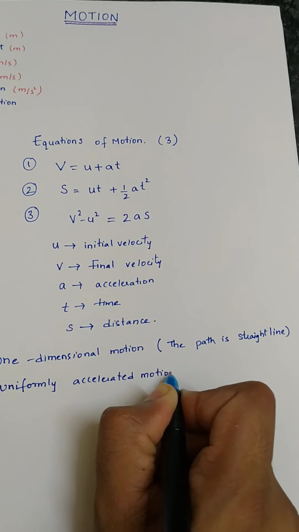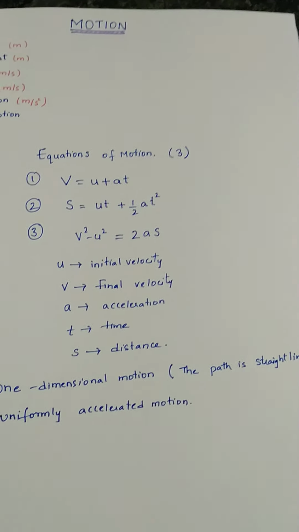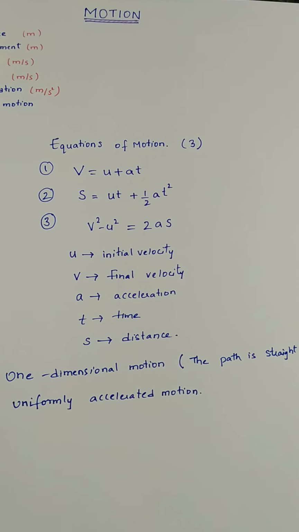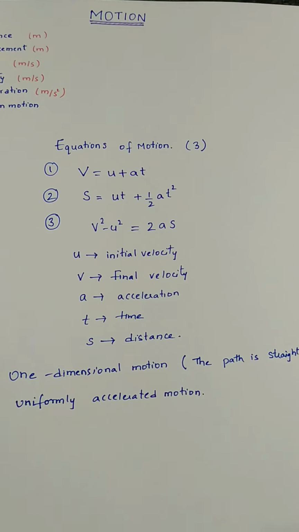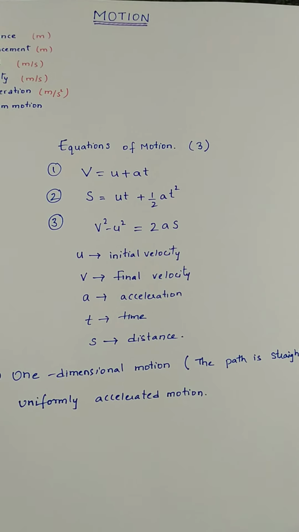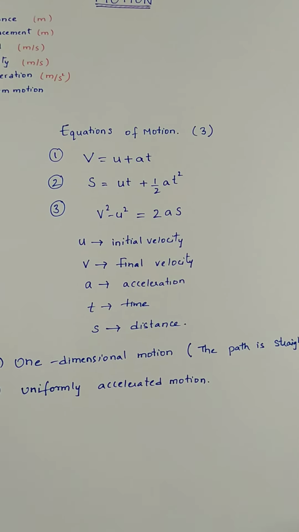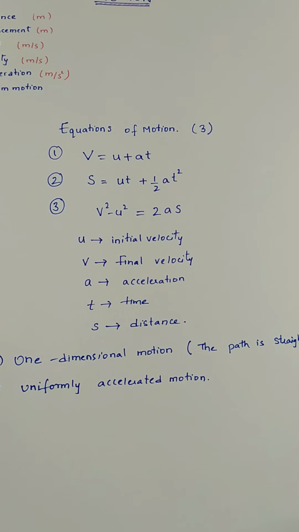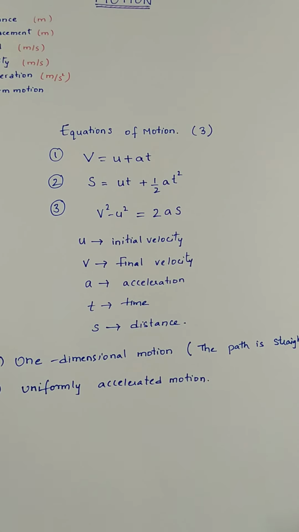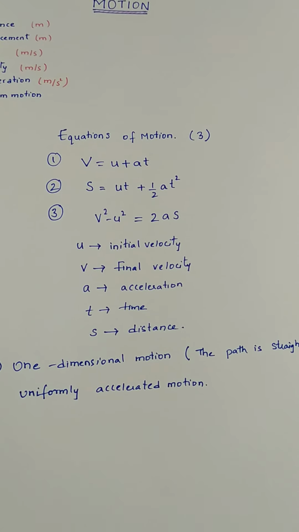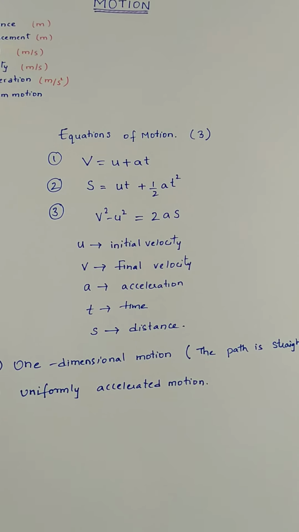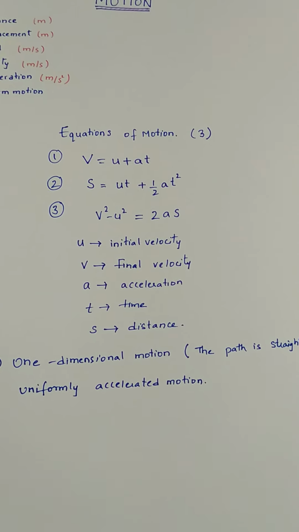The acceleration, the term a which we are using, is uniform acceleration. So the change in the velocity is constant. It cannot be abrupt. It cannot be a variable acceleration. It's uniform acceleration.